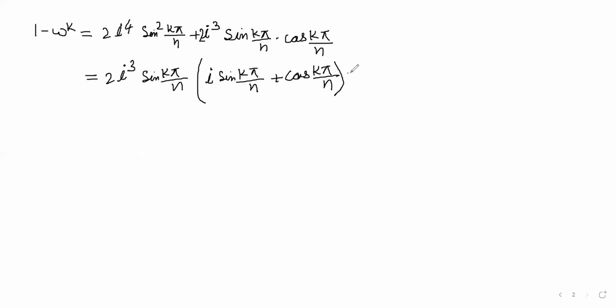So this further can be written as minus 2 iota sine k pi by n into, if you notice, this quantity can further be written as e raised to iota k pi by n, right?